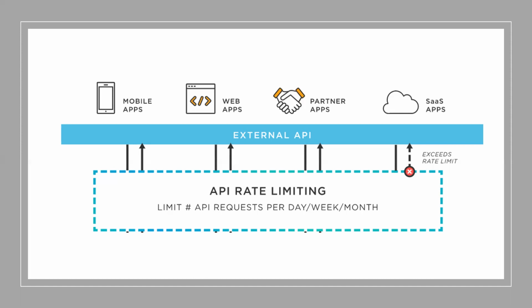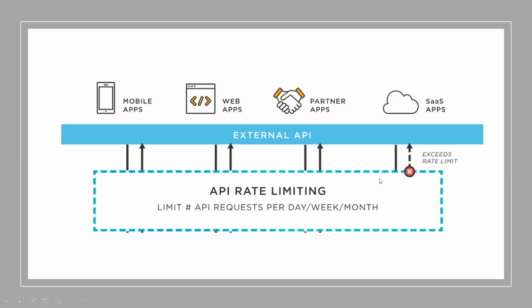If that is the case, I want to put a rate limiting restriction for these particular SaaS apps. It basically looks at IP addresses or user credentials, and based on that I'm going to apply this for those particular endpoints. The rest of the mobile apps, web apps, or partner apps can still access my API without rate limiting. That's how I'm going to achieve this.